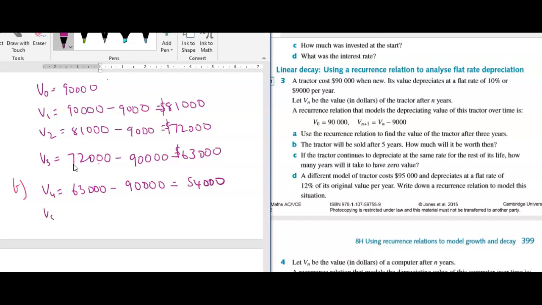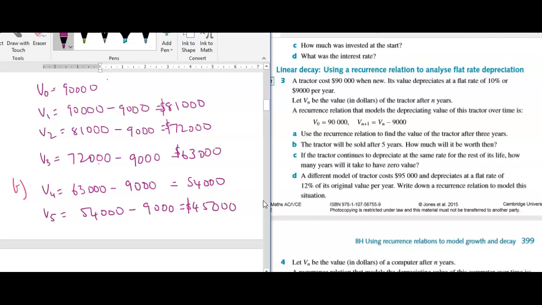And then V5, 54,000 minus 9,000. Sorry, I added too many zeros before, rub that out. Okay, so it's worth 45,000 after 5 years, so half its price.